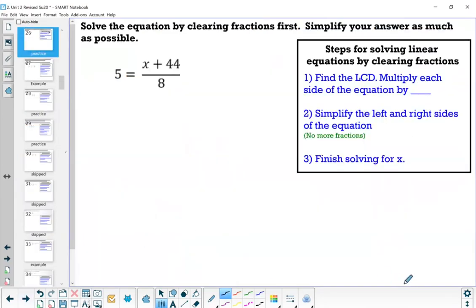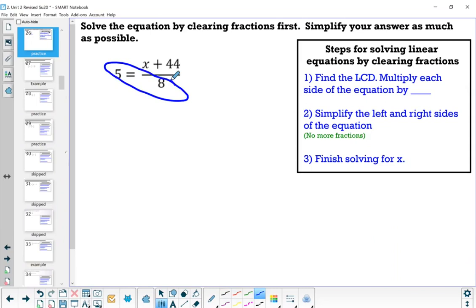All right, this is the question that's on page 26. And if you look on the right, I gave you some steps to help you remember what's happening. So again, this is a question where we don't necessarily need to clear fractions first, but we are. You can almost look at this as like cross multiplying.